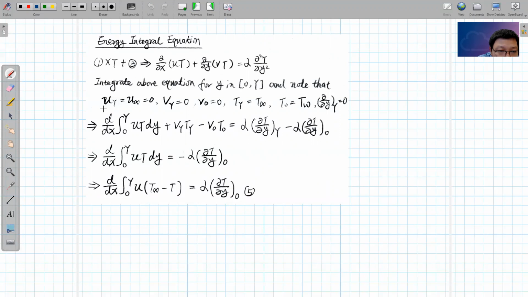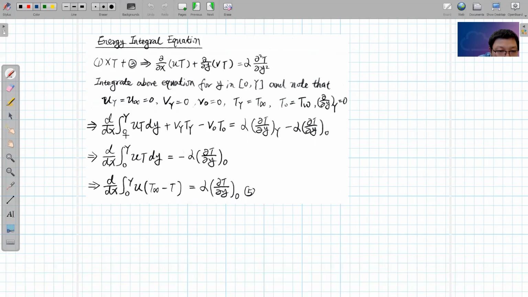Also notice that you have the following boundary conditions. At the y location, there's no u velocity and no v velocity. At the wall, there's no u velocity or v velocity. At the y location, the temperature equals T infinity. At the wall, the temperature equals the wall temperature. And at the y location, there's no y direction gradient because it's free stream.